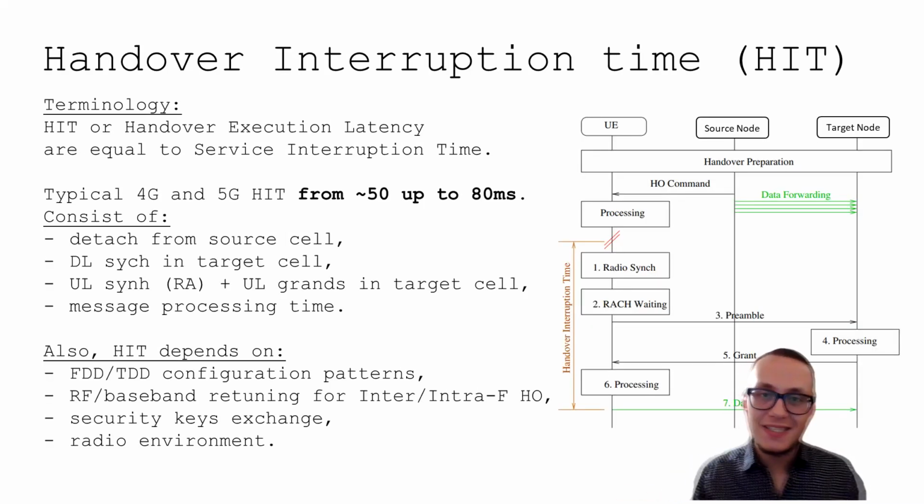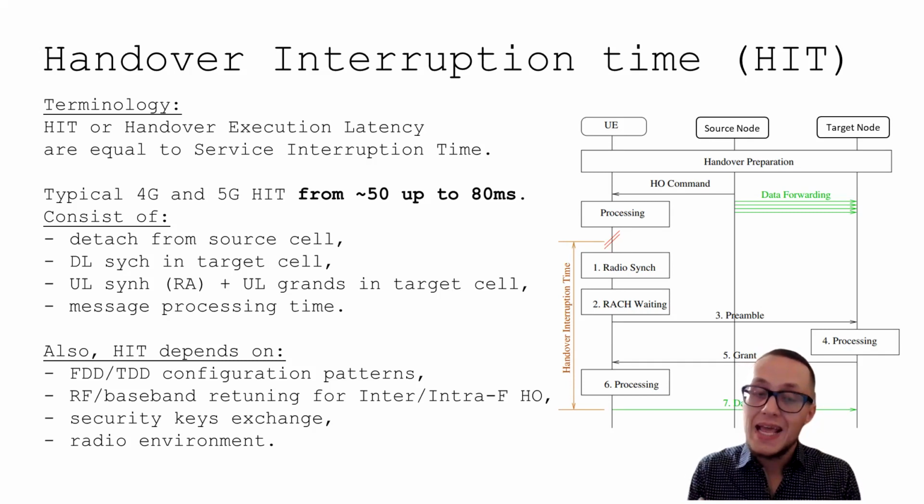In order to better understand why that type of handover was introduced in Release 16, let's try to understand what handover interruption time is. Basically, in terminology, we can say handover interruption time, handover execution latency, or service interruption time, which is not only about handover, because a service may be interrupted due to congestion, link adaptation techniques, maybe some problems in the transport network as well, jitter and so on.